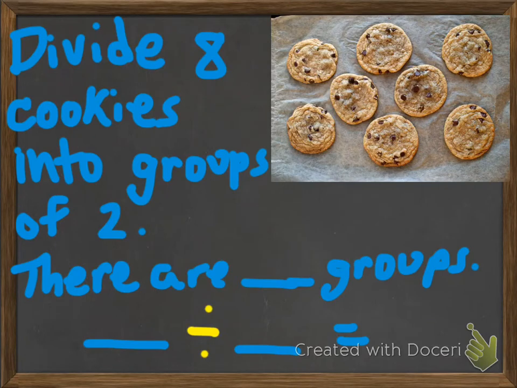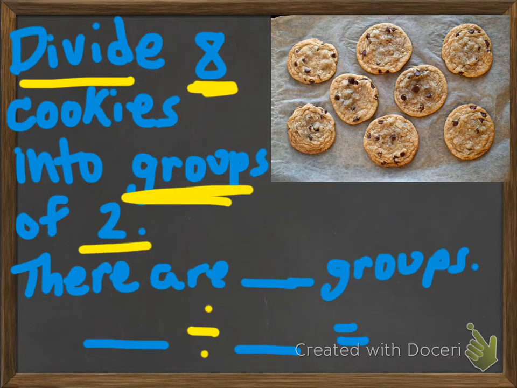Let's take a look at our first example. We're going to divide 8 cookies into groups, and they have to be equal groups, of 2. So, in other words, we know that there's going to be 4 groups, and now we can make our mathematical expression.